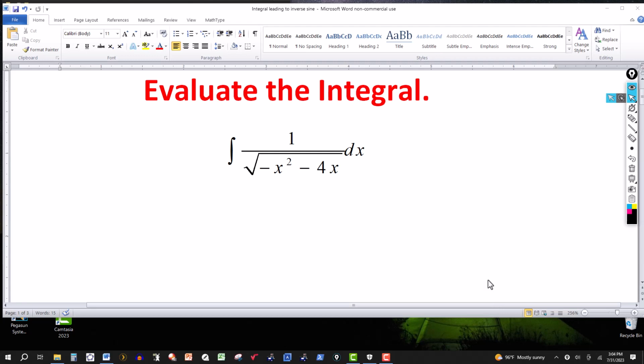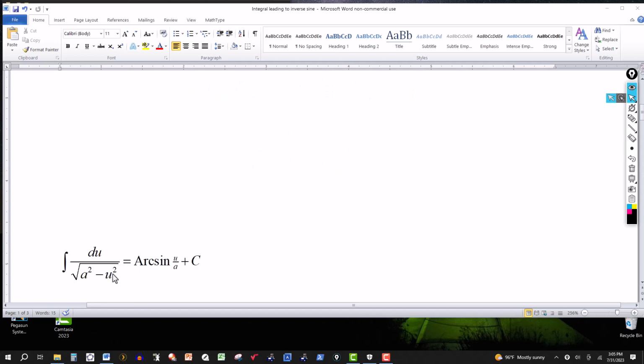Now, since this one involves a radical, in this case in the denominator, I look for a substitution, either a standard u substitution, or maybe a trig substitution. After looking at this, I'm going to try to rewrite this in this form here.